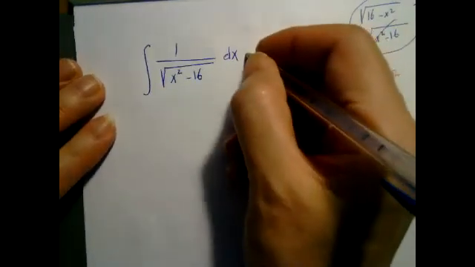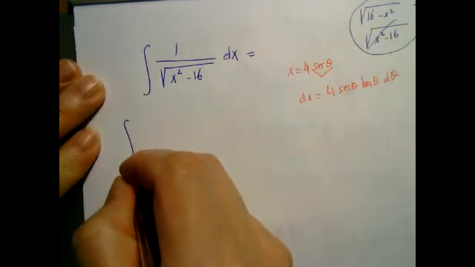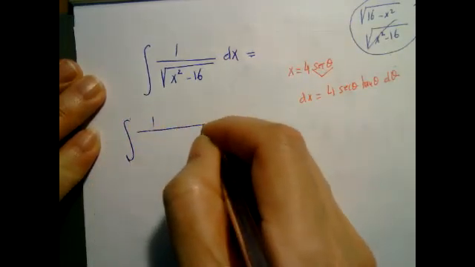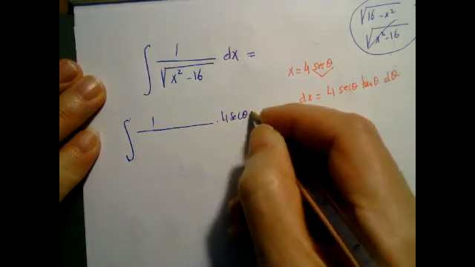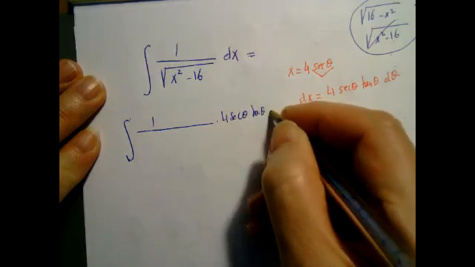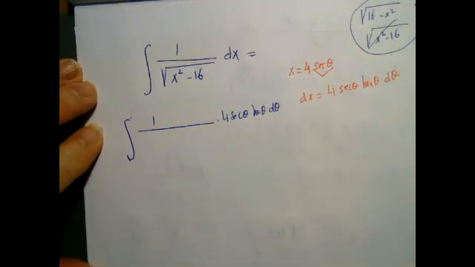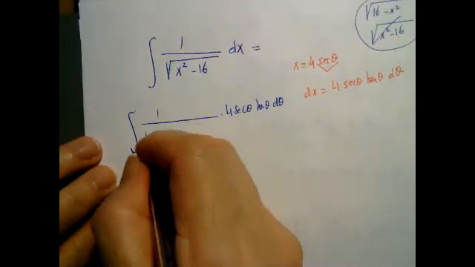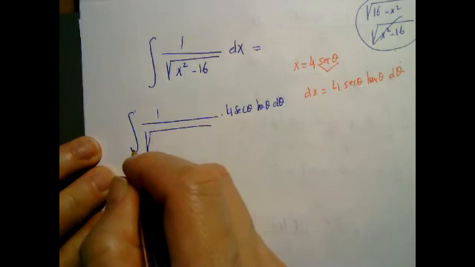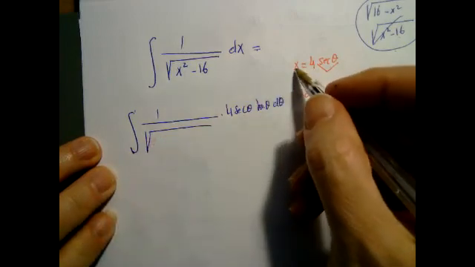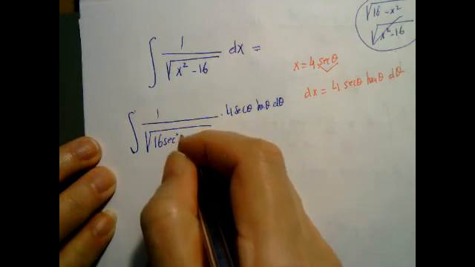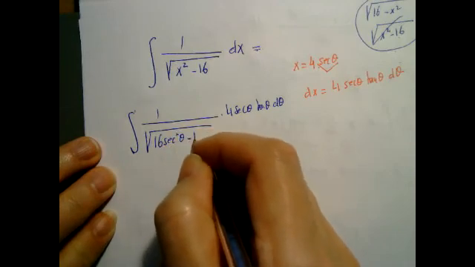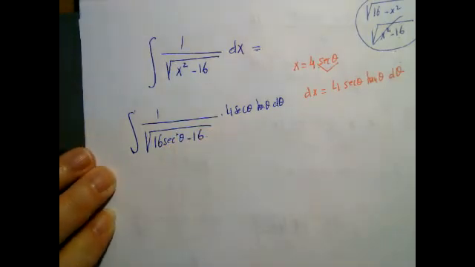So let me substitute. Okay, integral of 1 over x, my dx is 4 secant theta tangent theta d theta. That's my dx. And this will give me the following integral. X squared, x times x will give me the 16 secant squared theta minus the 16.